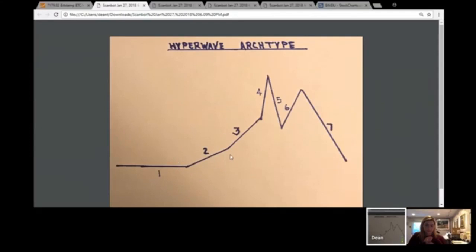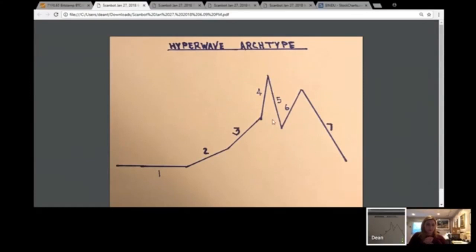It does it again in phase 3. And finally, it goes through a phase 4 boom before the end of the hyperwave in terms of the good part, meaning the up part.